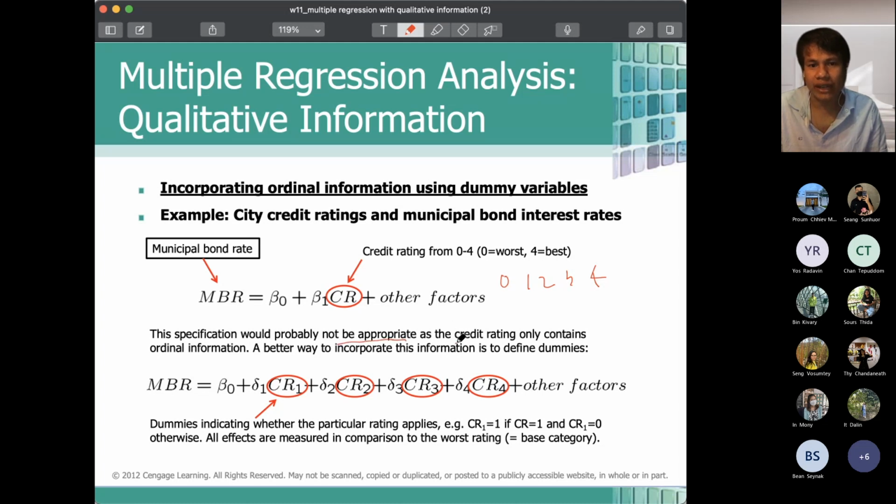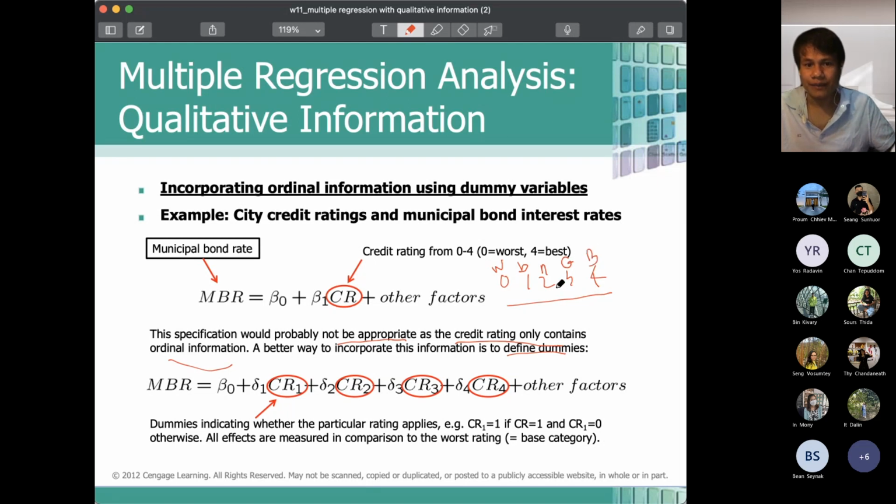Why? Because credit rating only contains ordinal information. So a better way to incorporate this information is to define dummies as well. Since they are 0 to 4, there are 5 categories, right? For instance, this is worst, this is bad, this is, for instance, no idea, this is good, this is best.